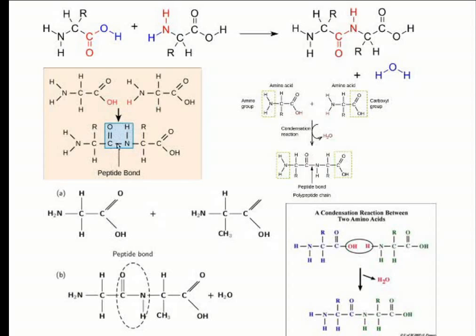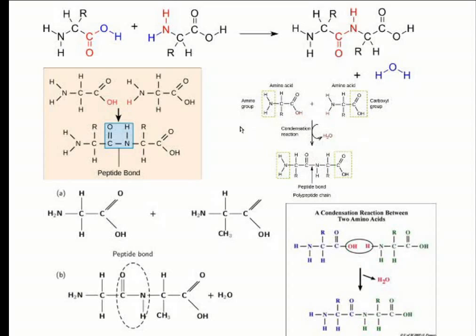So you've got to make sure that each atom has the right number of bonds to make it work. Otherwise, you've probably done something wrong. But it's just a way of showing how it works. Same here, the peptide bond forms, H2O is given off, and you can see each atom has the correct number of bonds.